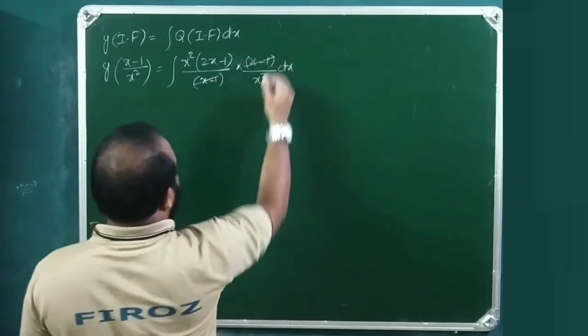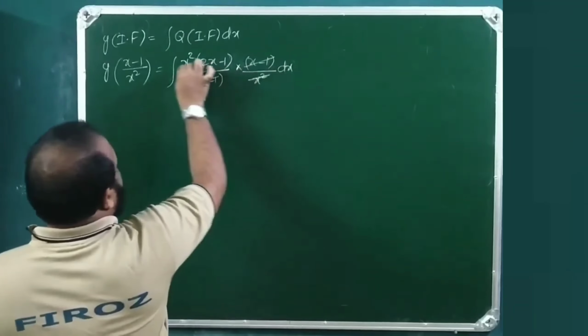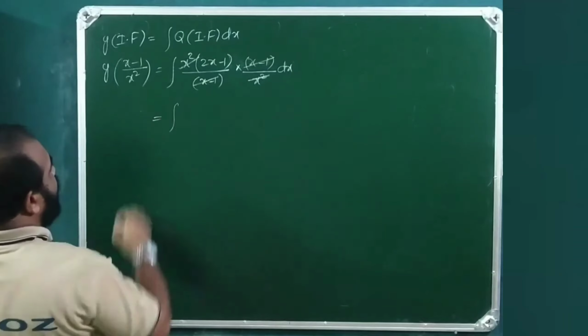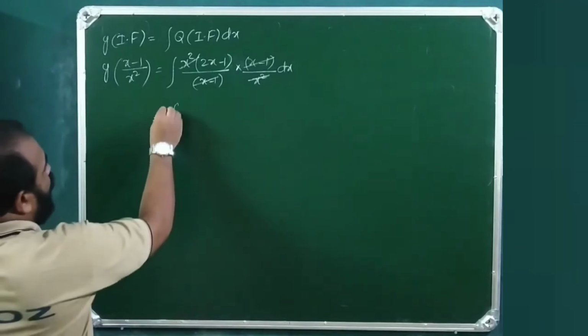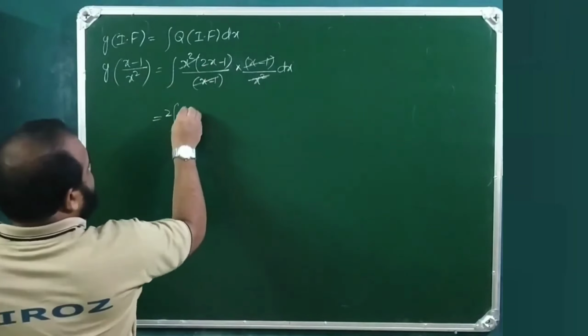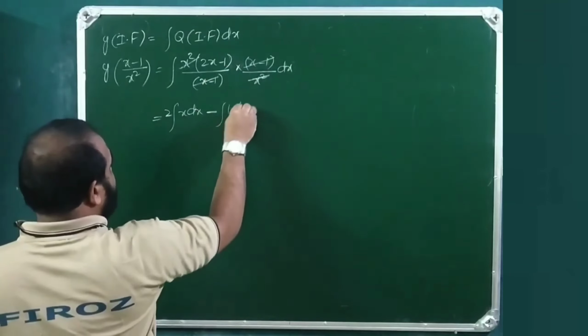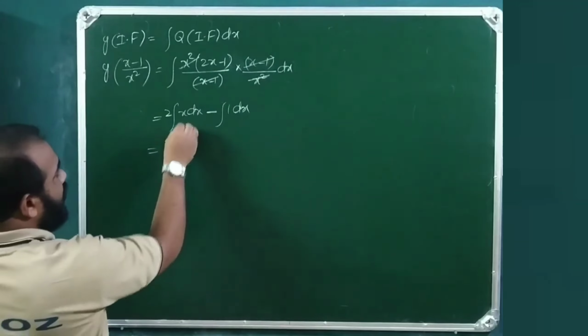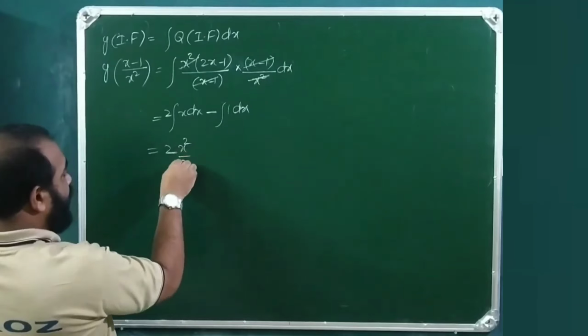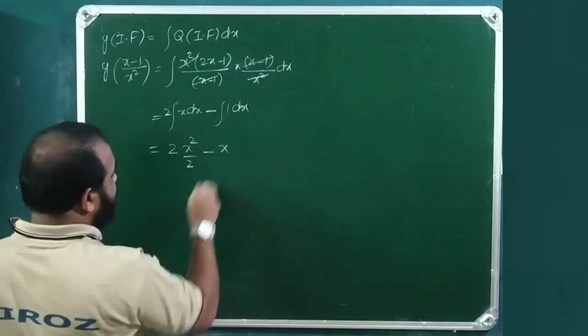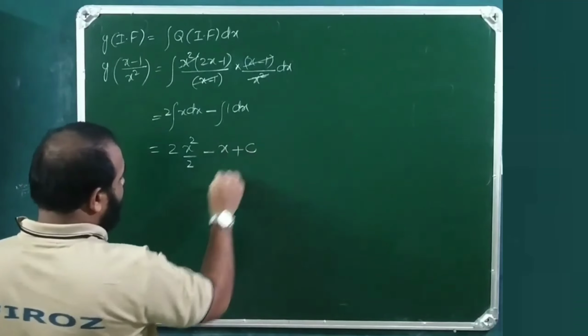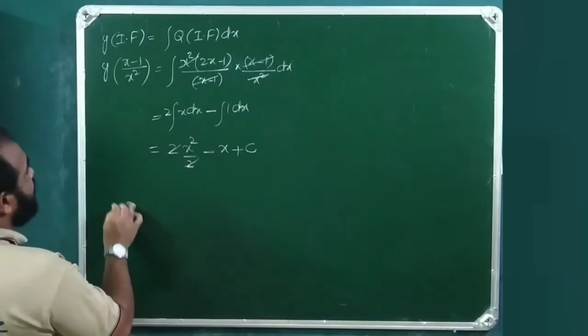This x minus 1 gets cancelled. X square gets cancelled. So this is 2 into integral x dx minus integral 1 dx. This is equals to 2 integral x dx is x square by 2 minus integral 1 dx is x plus constant of integration c.